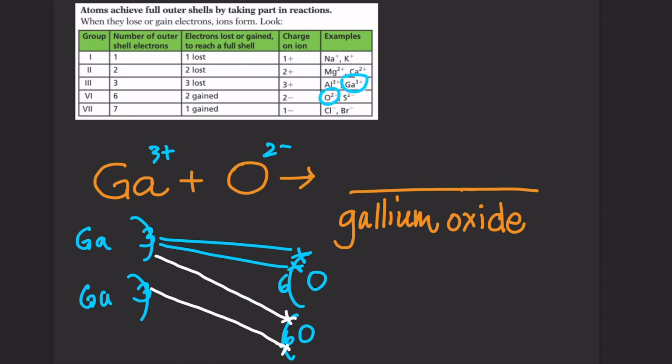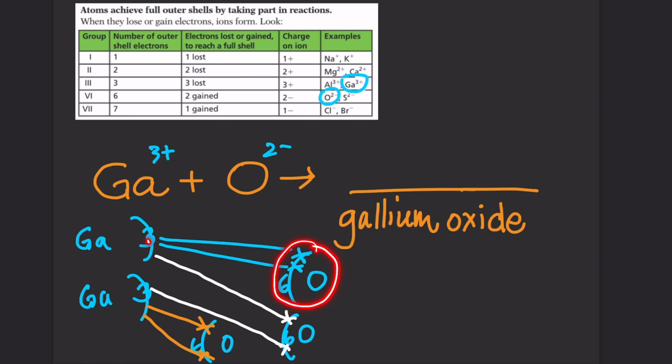But gallium is not happy because it has 3 electrons to give. This one only gave 1. So what's going to happen to the other 2 electrons? No problem. Let's make them bond with another oxygen atom. So now the last 2 go to the third oxygen atom. So what happened? Gallium has 3 electrons to give.